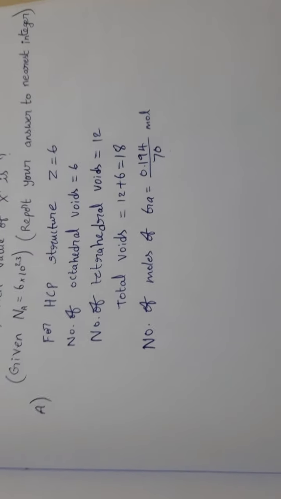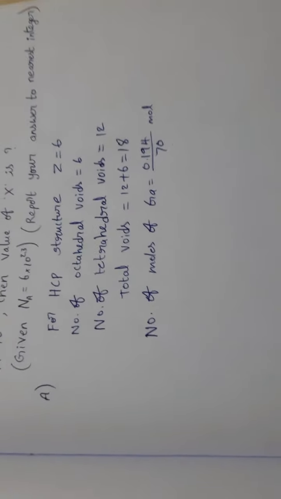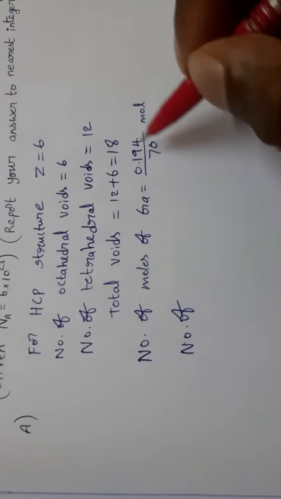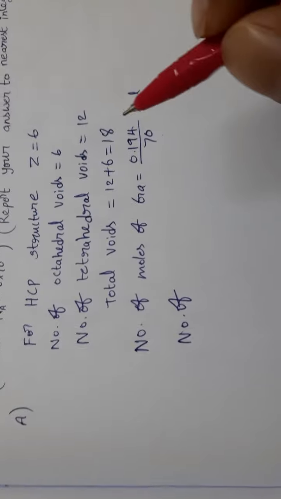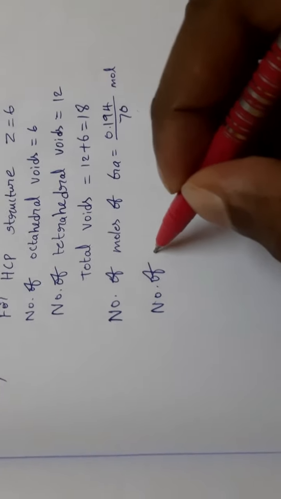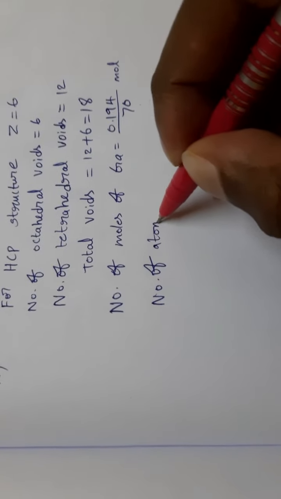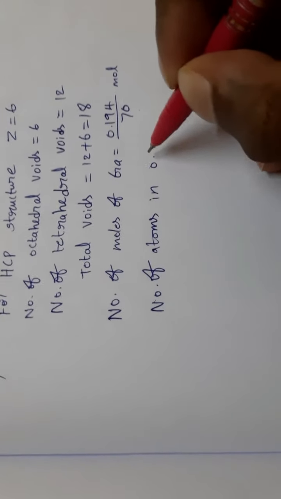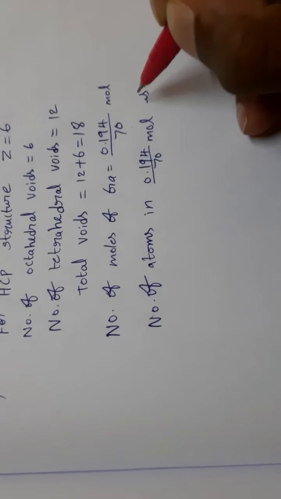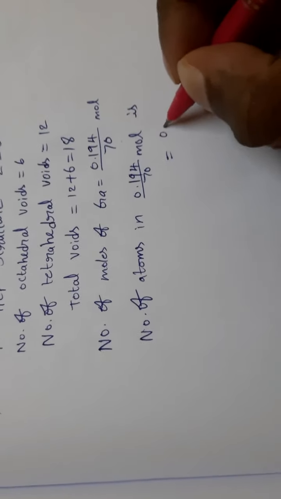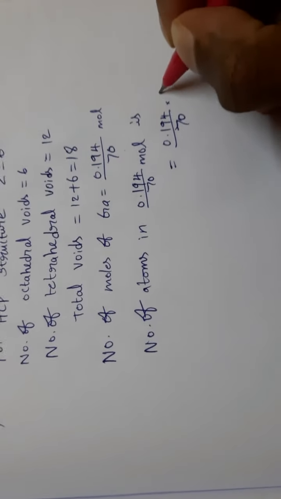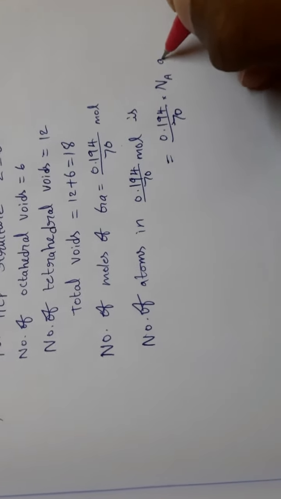Now find out number of atoms in these moles. 1 mole means Avogadro number of atoms are present. In these moles, how many atoms? Number of atoms in 0.194 by 70 mole is 0.194 by 70 into Avogadro number Na atoms.